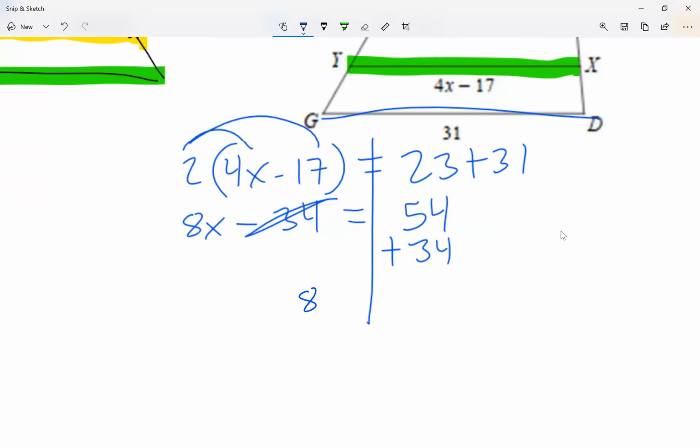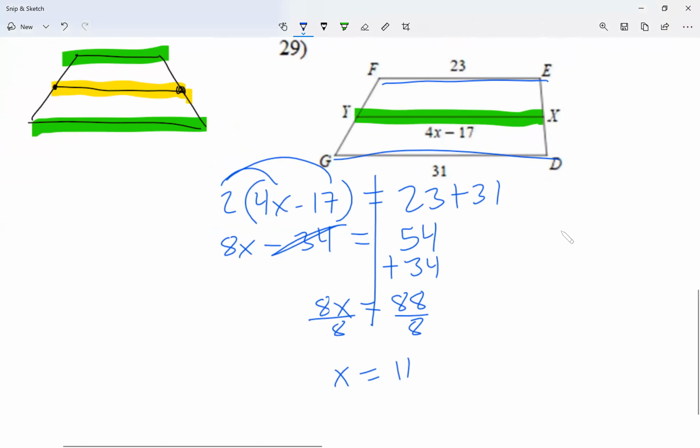So I have that 8x is equal to 54 plus 34, which happens to be 88. I see an 8 in front of the x. Let me divide both sides by 8. x is equal to 11. The instructions here were solve for x. So x equals 11. Good.